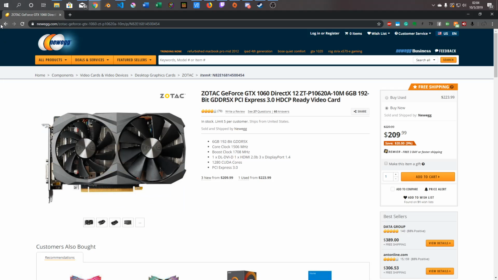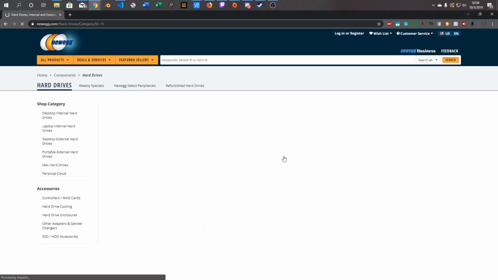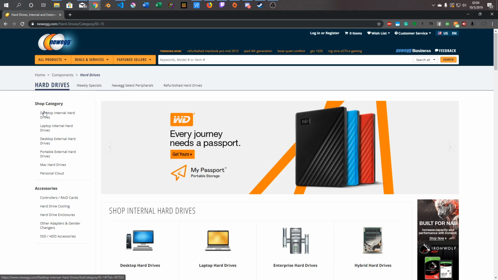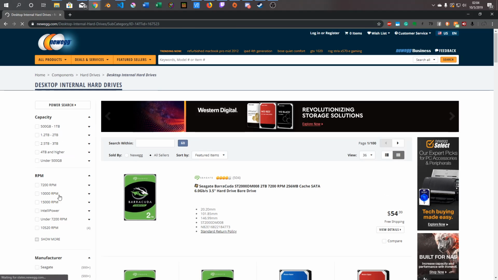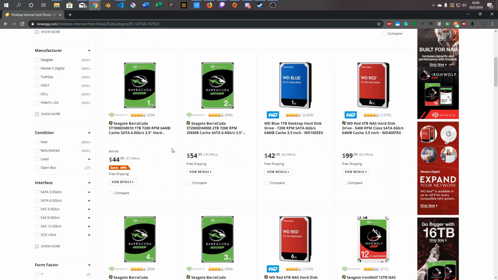And I mean, there's hard drives, I suppose. Let's look at a hard drive. Okay. Desktop internal drives. Speed. This is how fast the disk is going to run, if you have a hard drive. And the faster a disk can run, the more information can be put in a disk and read from a disk.